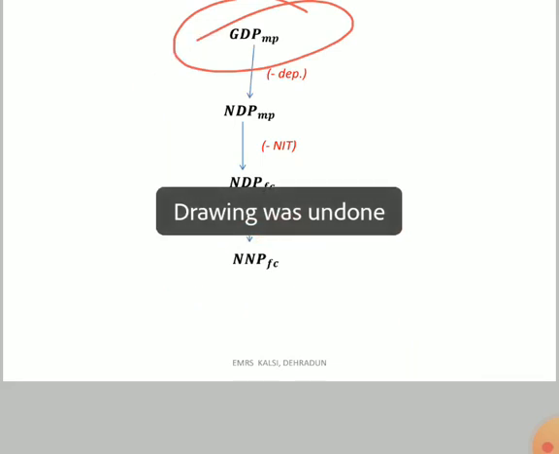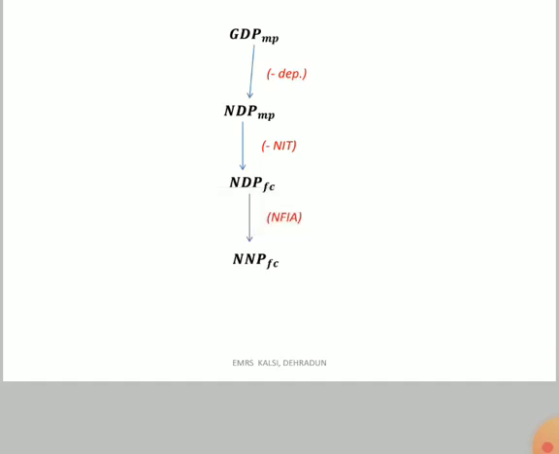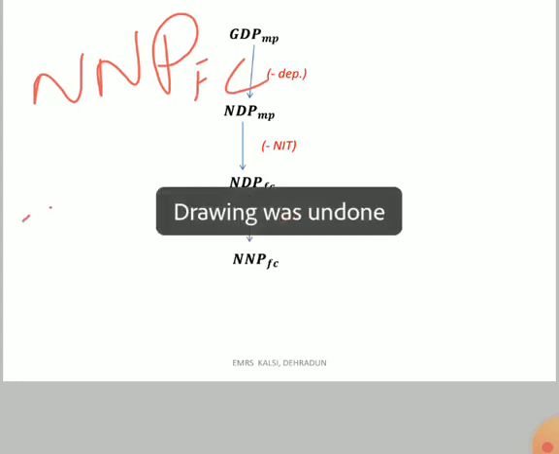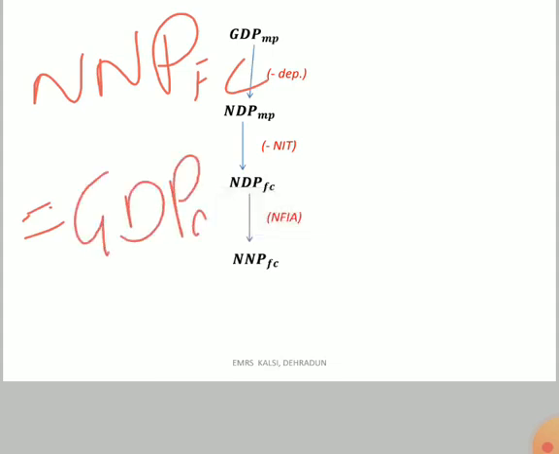Like in the previous class we converted factor cost into market price and domestic into national, in the same way we have to see step by step. Let me write here: we have to find NNP-FC, and what we are given is GDP MP.